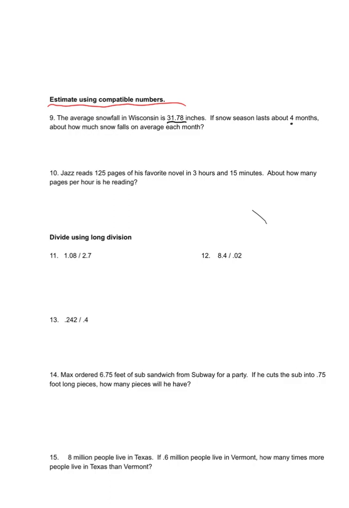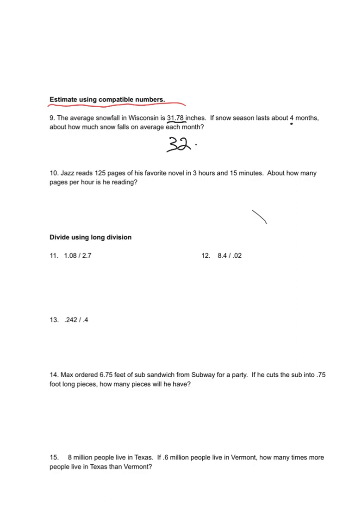So this is one of those problems where we are dispersing 32 inches over 4 months. So we're dividing it. We're separating that number, and it's going to be a division problem. But first, we have to estimate. So we're going to round this 31.78 up to 32.